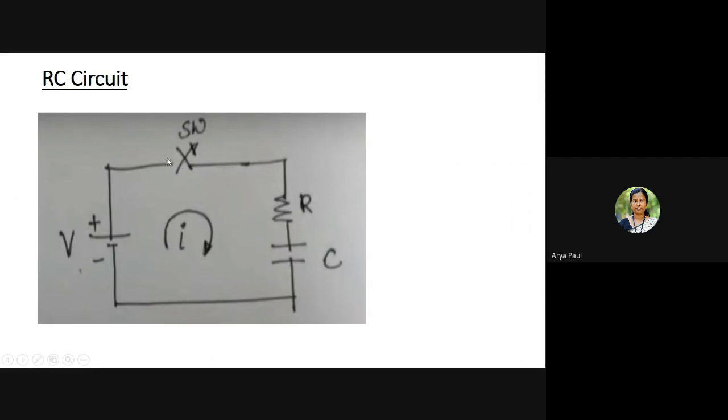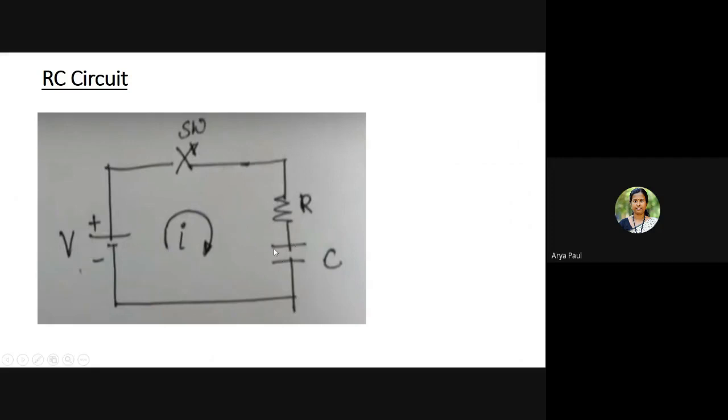So when I suddenly close the switch, what happens? This voltage is applied across this circuit. But the capacitor won't accept a sudden change in voltage. So this voltage won't come up across the capacitor.